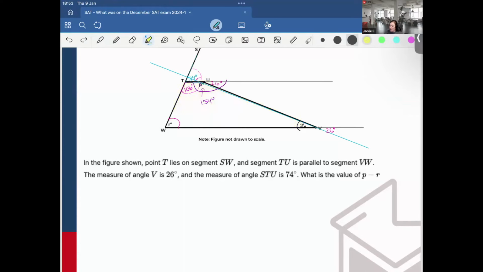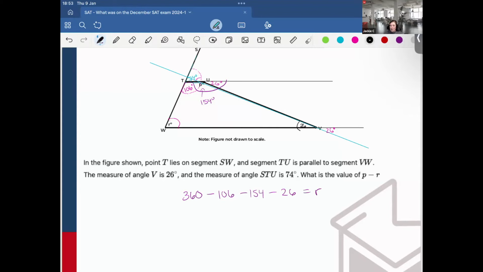It should sum to 360 degrees. So I can say 360 minus 106 minus 154 minus 26 degrees is going to be equal to R.